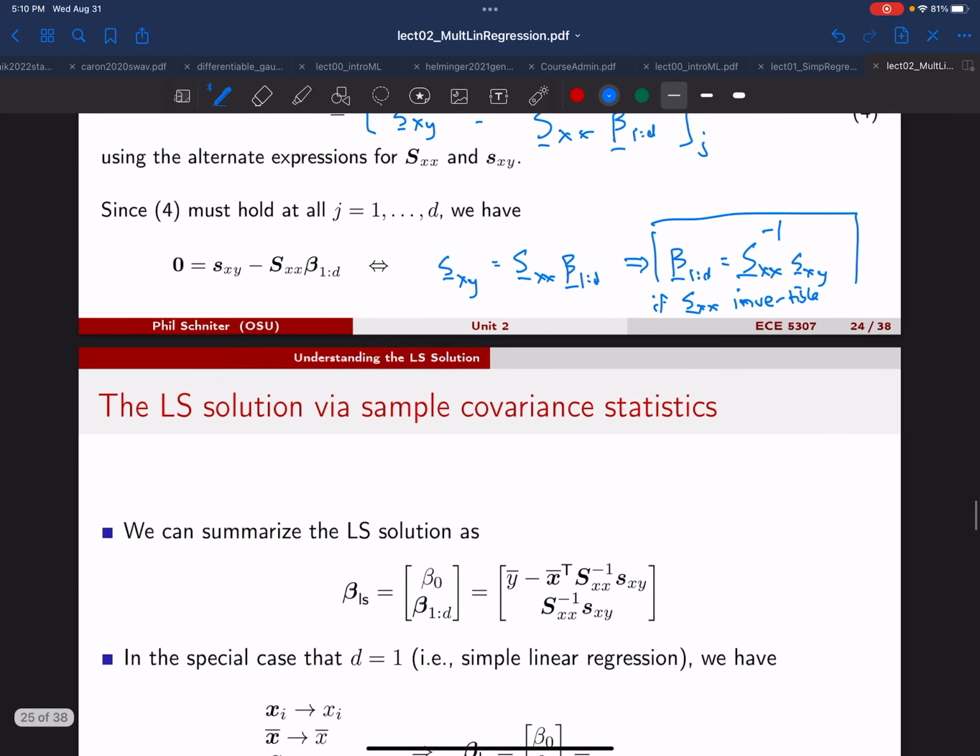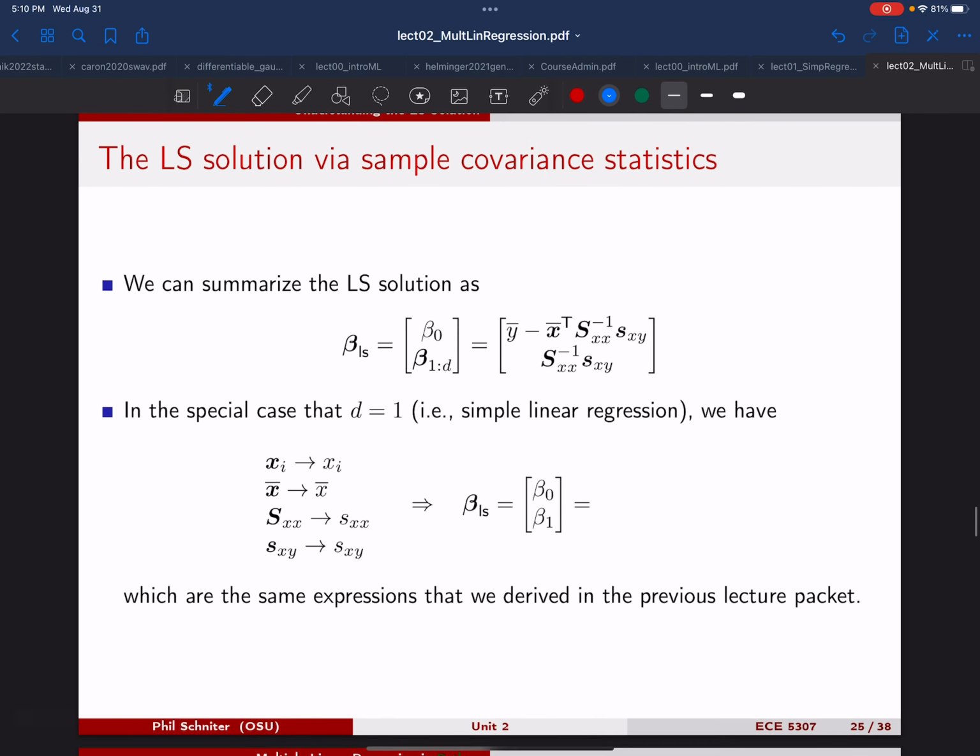And if you do a direct comparison, this is what we just derived for our least squares beta. If you think back to the previous unit, what do these quantities turn into in the scalar case where d equals 1? This vector just turns into the scalar. The vector x bar turns into the scalar. This autocovariance turns into the variance. Cross covariance turns into this covariance.